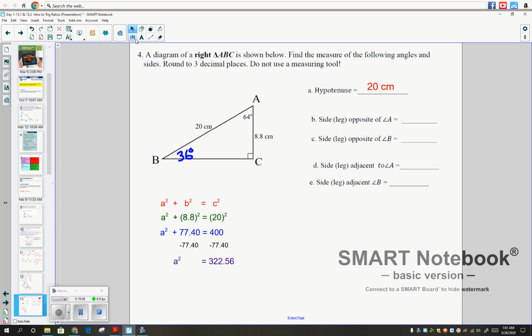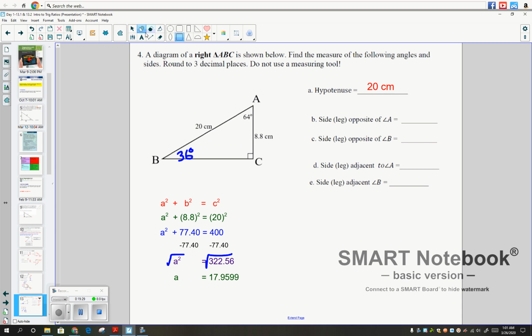What do I do next? Got to take the square root. Square root of A squared, take the square root of 322.56, and I get 17.9599. Notice up above it says round to the 3 decimal places.